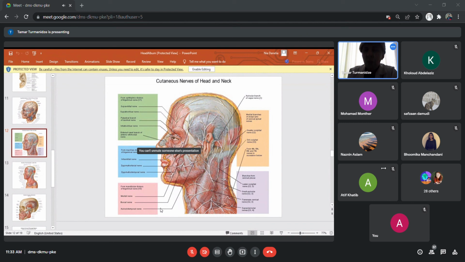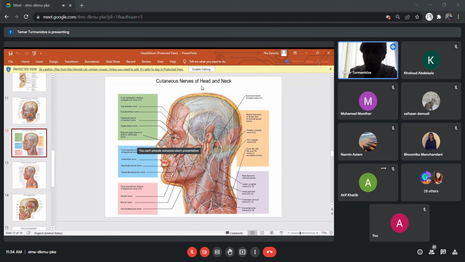You know this. The anterior part of the skin of the frontoparieto-occipital region is supplied by the supraorbital and supratrochlear nerves, which are branches of the ophthalmic division of the trigeminal nerve.